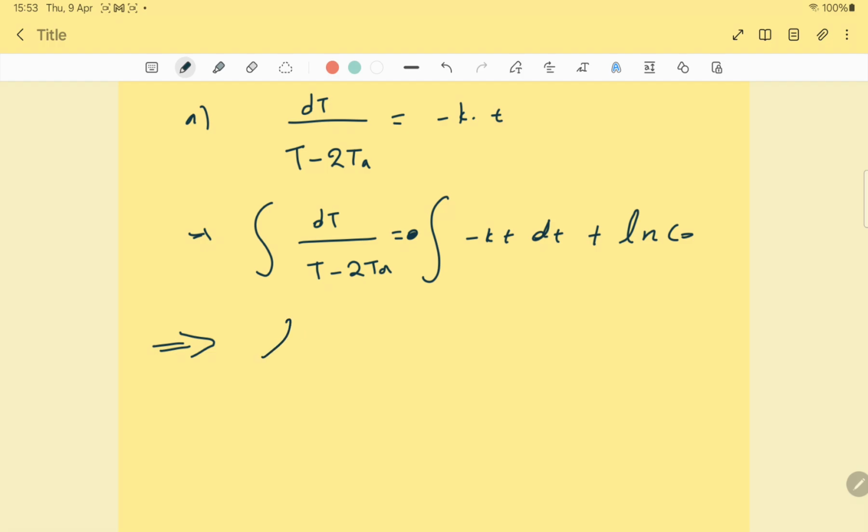Okay, the first integral is going to be ln of T minus Ta, because if you differentiate that, you get 1 over T minus Ta, you get this guy here.